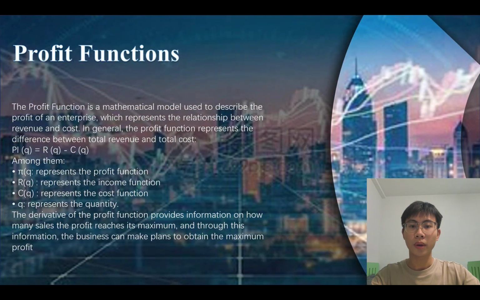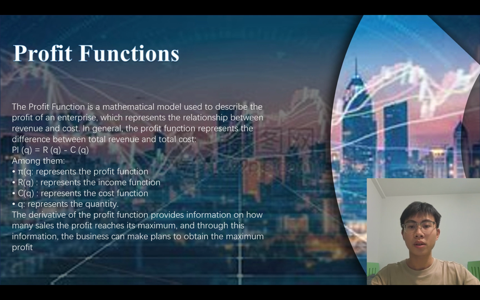And then we see the profit function. The profit function is a mathematical model used to describe the profit of an enterprise, which represents the relationship between revenue and cost. In general, the profit function represents the difference between total revenue and total cost.